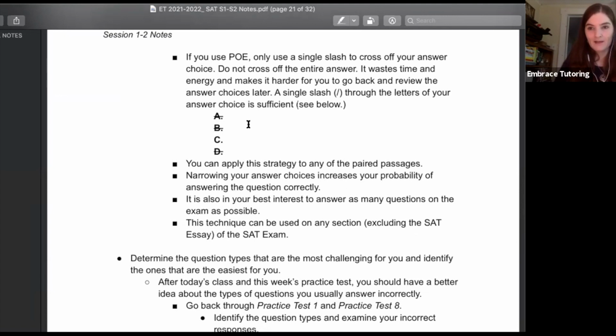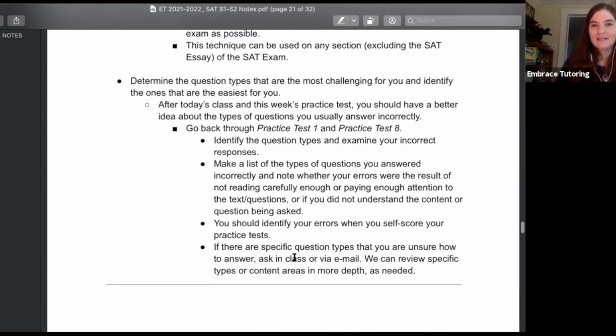Have that set ahead of time before you even start the exam, and just stick with that if you have to make an absolutely cold guess where you don't have a chance to eliminate some of the answer choices and make it an educated guess instead. So that's only used as a last resort. You always want to try to eliminate at least some of the answer choices if you can, and then make an educated guess based on the question, what it's asking, and the information at hand in the section you're dealing with. Does that all make sense?